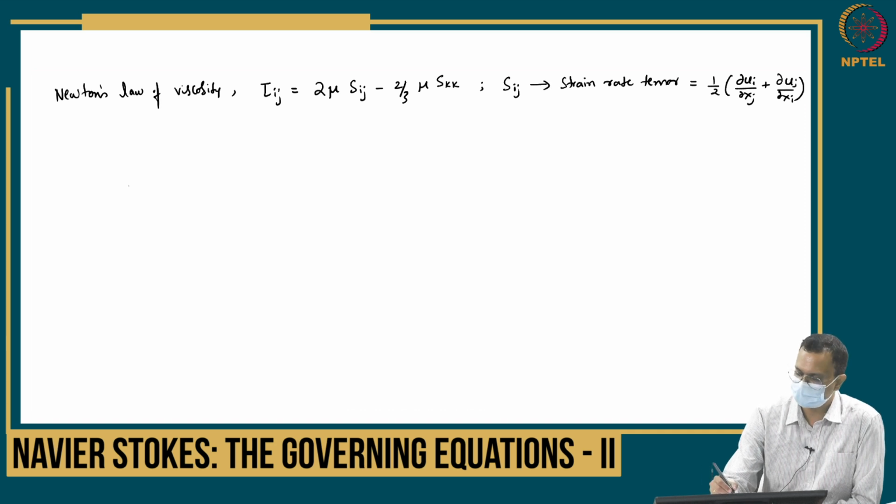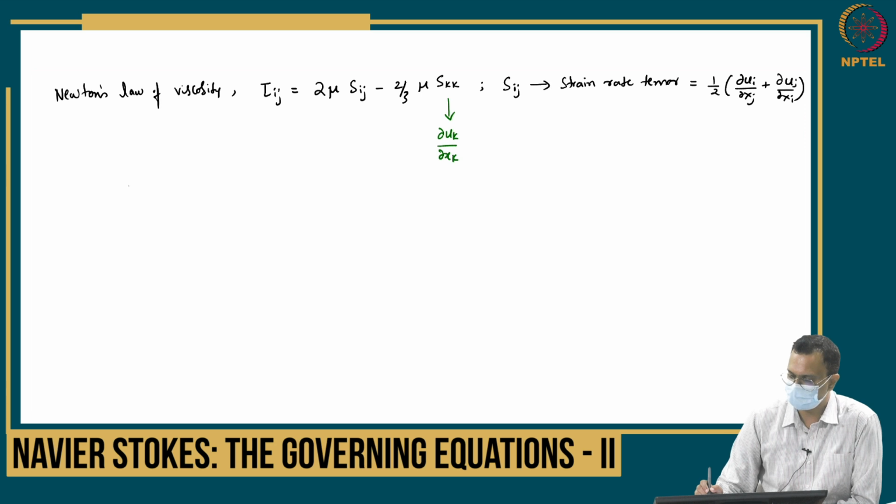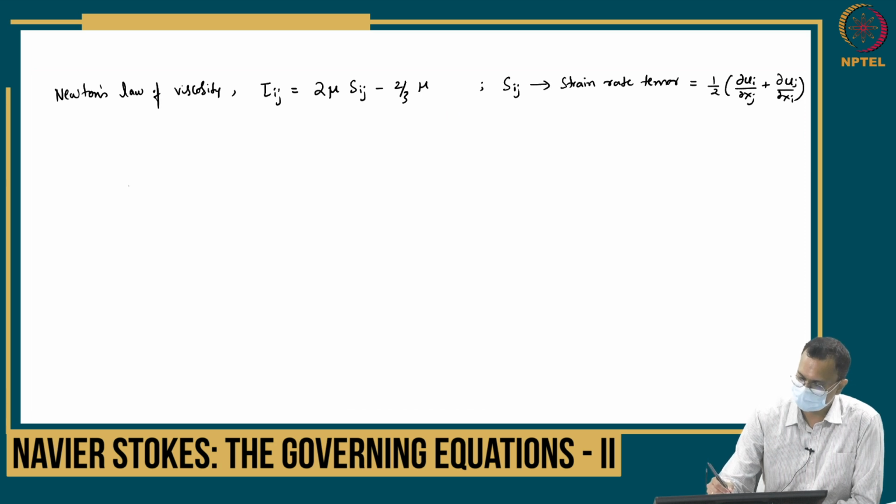So Skk will give me dou uk by dou xk, that component. Or we can simply use dou uk by dou xk also, and by continuity it would go away.